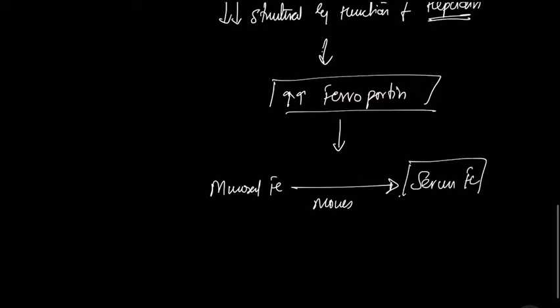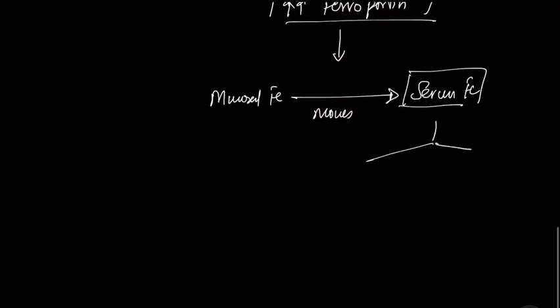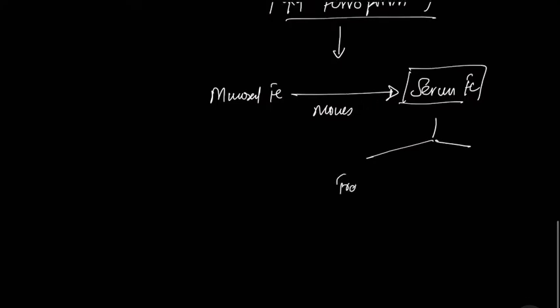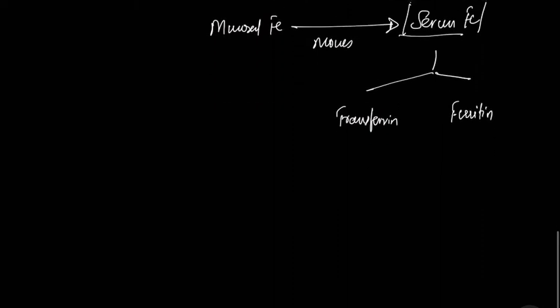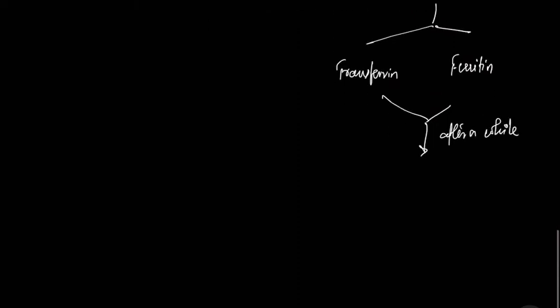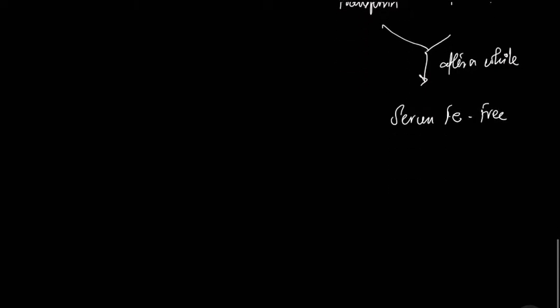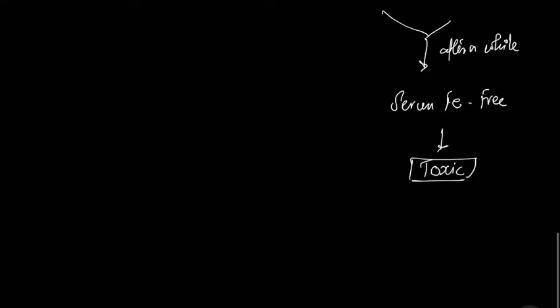All right. Now, this serum iron can be of two forms. That is your transferrin and ferritin. All right. So, after a while, what happens is that this serum iron is free. Yes. So, this ends up becoming toxic. Okay. Any ideas why?